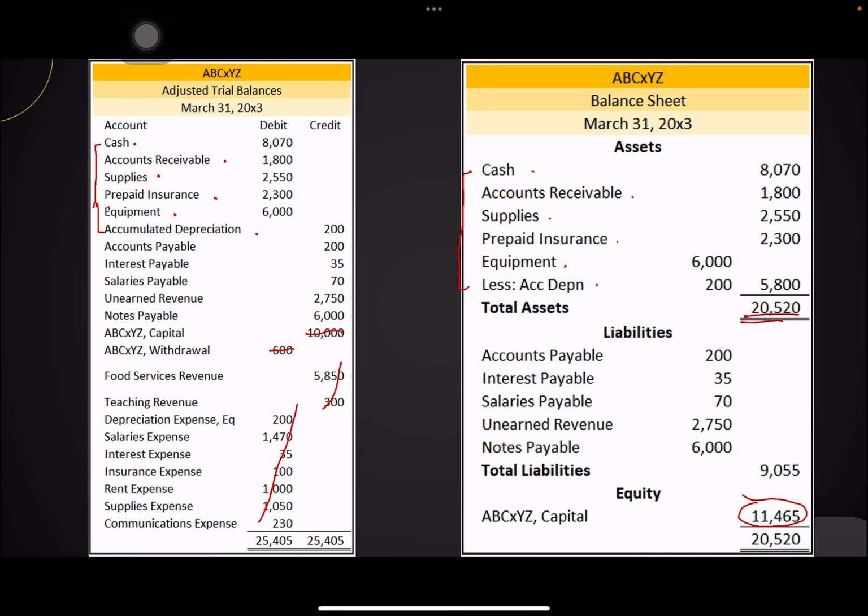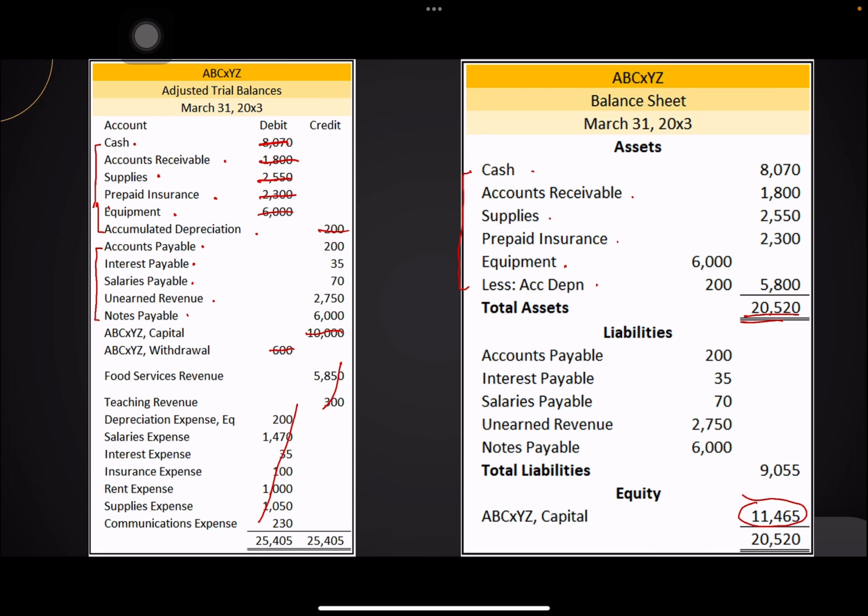And the next thing that you need to do, so let's cross this out, is get the liabilities part in your balance sheet. That would be composed of your accounts payable, interest payable, salaries payable, unearned revenue, and notes payable. So you have 5 liability accounts.